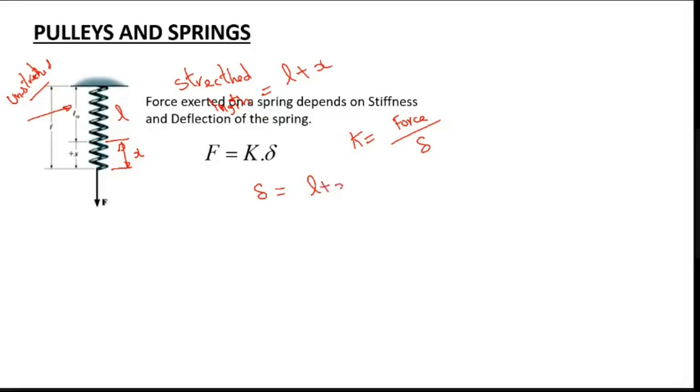If I consider stretched length as L plus X and unstretched length as L, your deflection is X. So your force is always equal to stiffness into deflection. That is what I am indicating here. Stiffness is force by deflection.